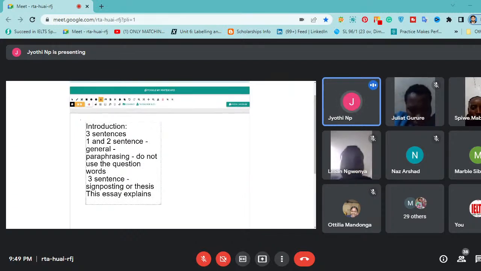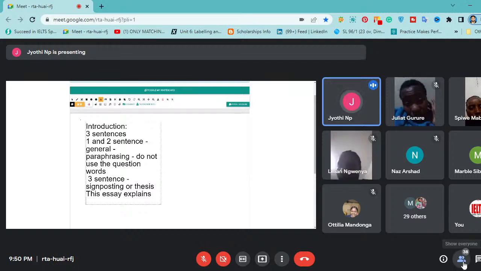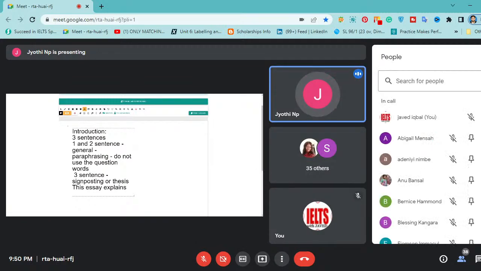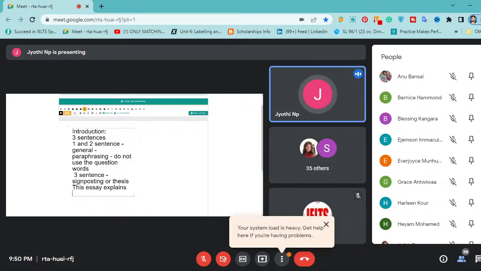The first and the second sentence is where you write in general about the topic, and if you're paraphrasing, don't use the question words. The third sentence is where you signpost, or write a thesis sentence telling what exactly you're going to write in the essay.